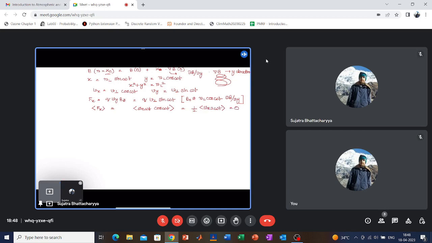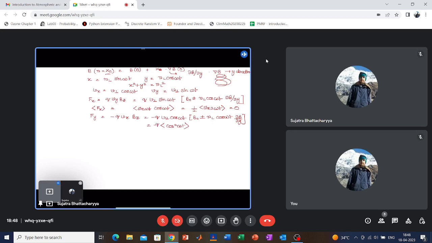But if you go to the y direction, we have minus q V_x B_z, because B is only in the z direction. So we can write minus q V perpendicular cos omega t into B naught, again plus minus R_L cos omega t, delta B by delta y. But now we have cos squared omega t in the average.